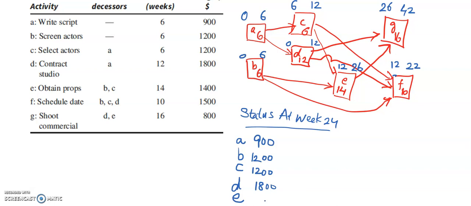So that means 2 weeks after that are not included in this status. So out of 14 days, 12 days are included, which means its cost will be proportional.